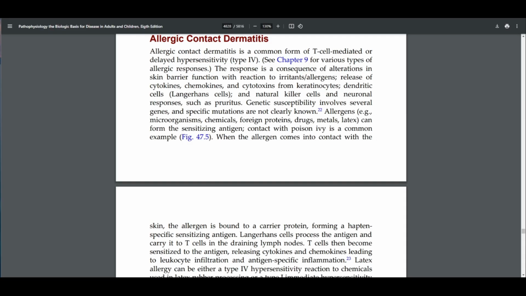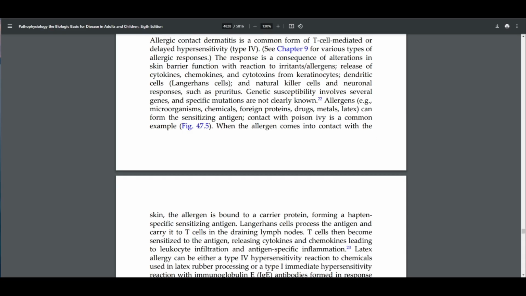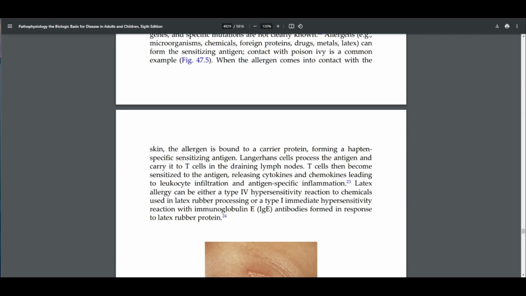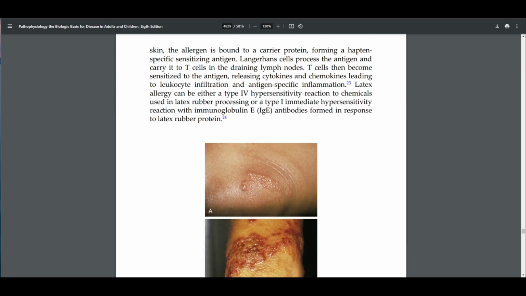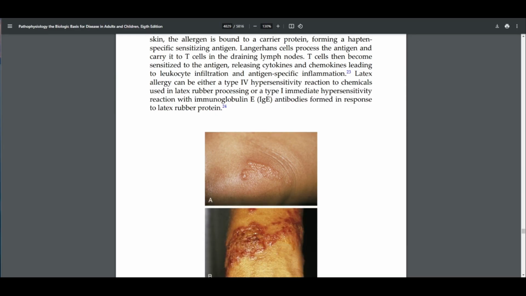When the allergen comes into contact with skin, the allergen is bound to a carrier protein, forming a hapten-specific sensitizing antigen. Langerhans cells process the antigen and carry it to T cells in the draining lymph nodes. T cells then become sensitized to the antigen, releasing cytokines and chemokines, leading to leukocyte infiltration and antigen-specific inflammation.